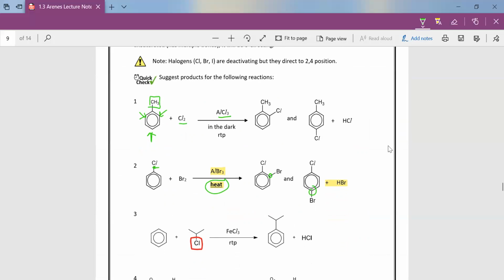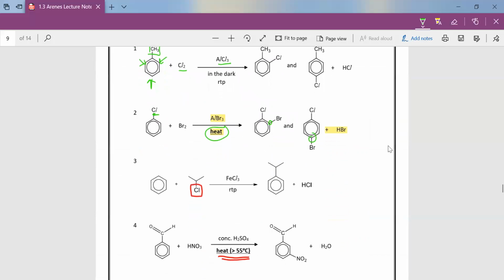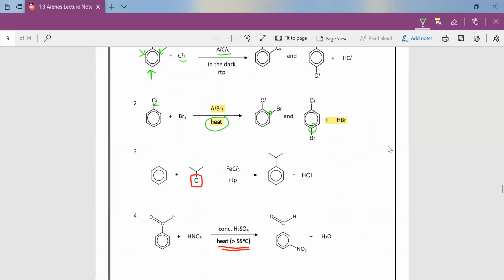Okay, lastly, the Friedel-Crafts alkylation. Depending on where you want to link your R group, you just put in place a halogen first, and that will be where you form the new covalent bond.